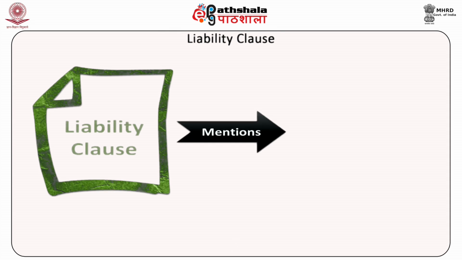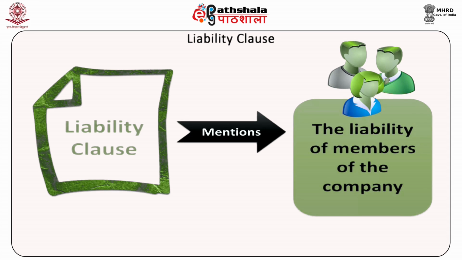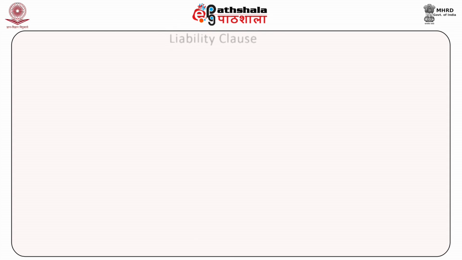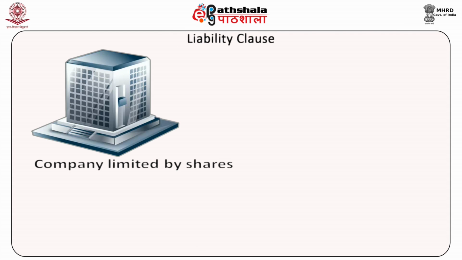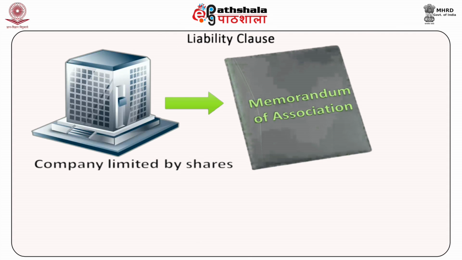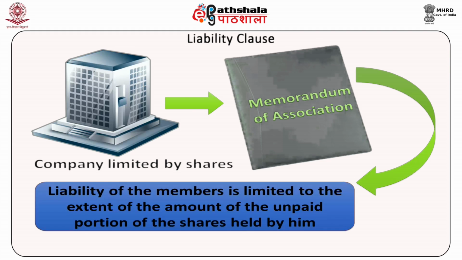The liability clause mentions the liability of members of the company. In case of a company limited by shares, the Memorandum of Association must have a clause to the effect that the liability of the members is limited to the extent of the amount of the unpaid portion of the shares held by them.